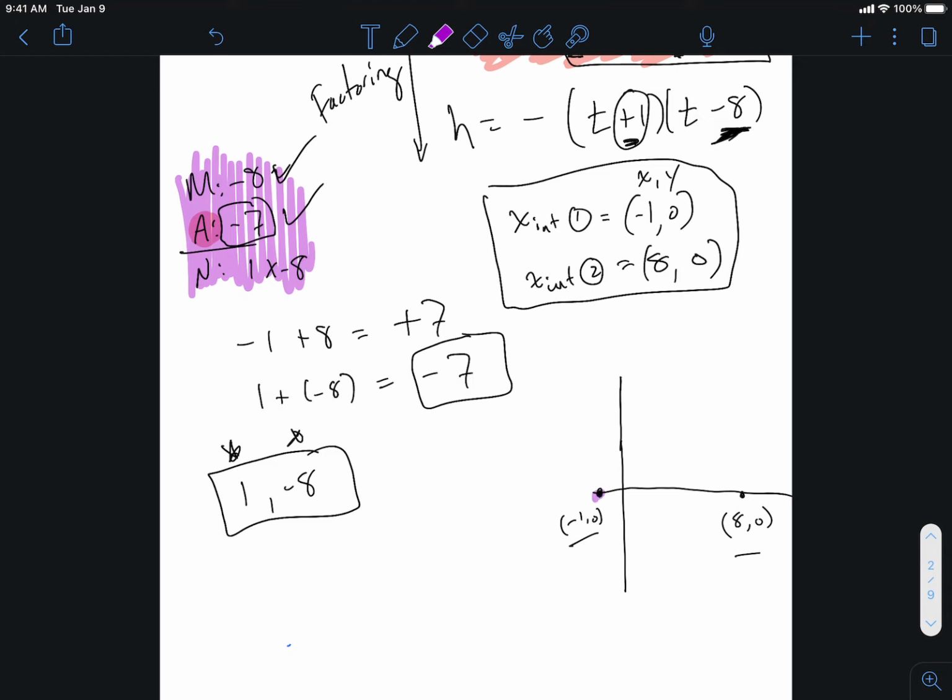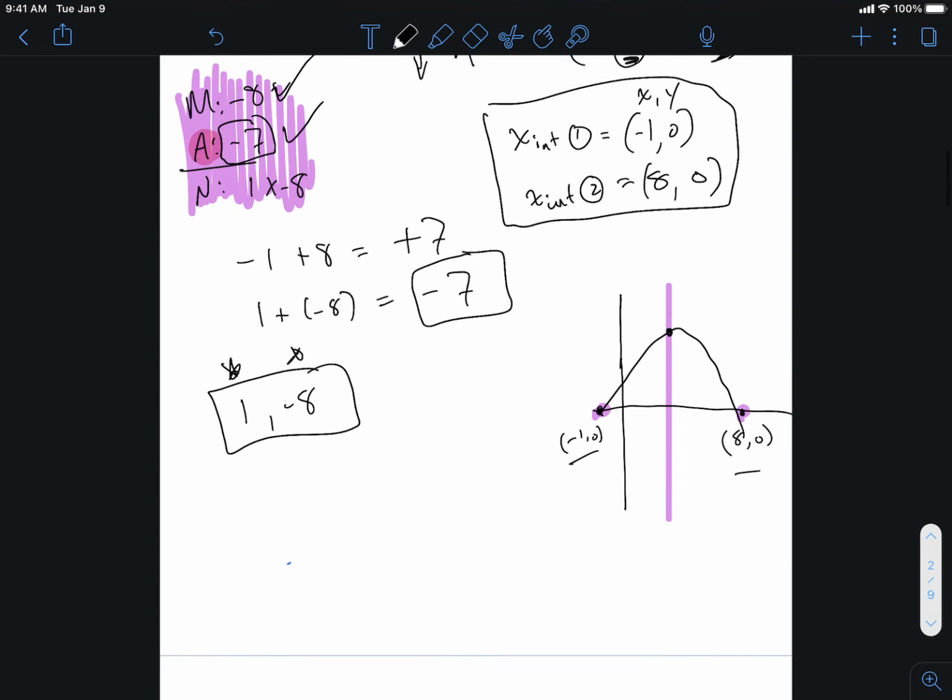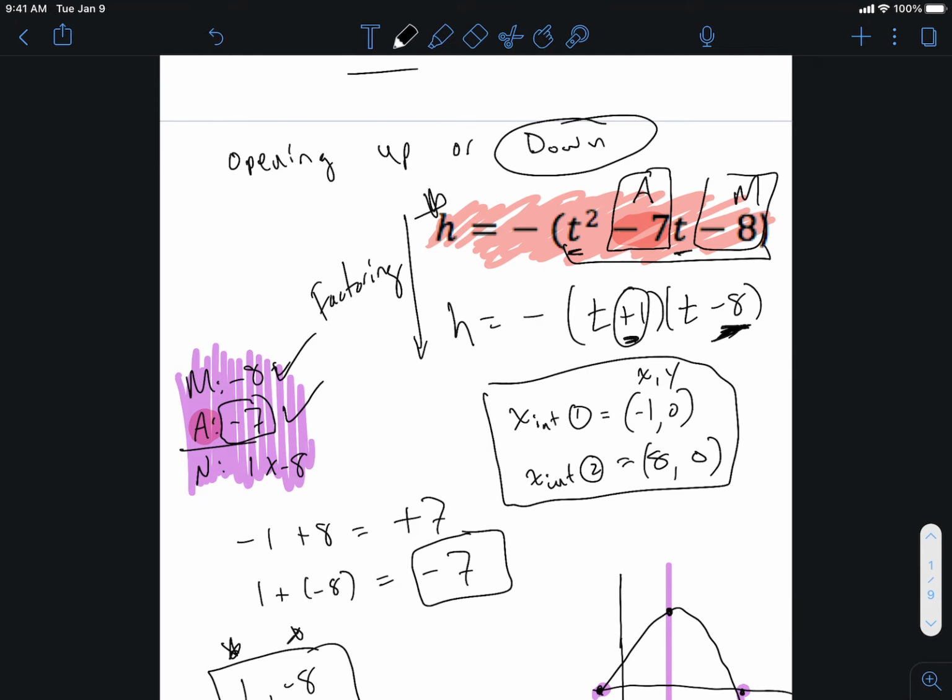I can find where the 2 x-intercepts are, find the middle of them, and then I know the vertex lies somewhere along there, right? And you can figure out where it is, and then you can produce your graph very nicely. And that's much better and faster than doing the XY input output that I showed you when dealing with an equation that looks like this. We don't want to do that. Very easy to make a sign error, get the wrong graph.